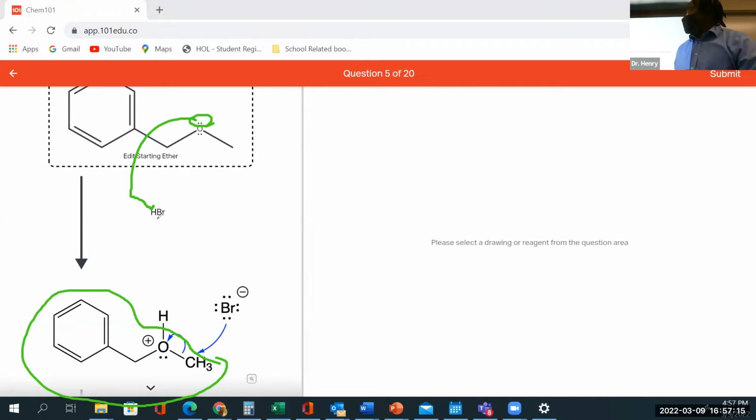So then that causes the hydrogen. There you go. It brings the electrons over here. So then we get bromine minus. This guy becomes plus. So it's going to be our product.